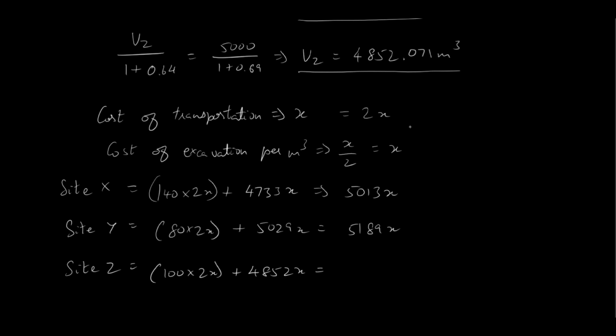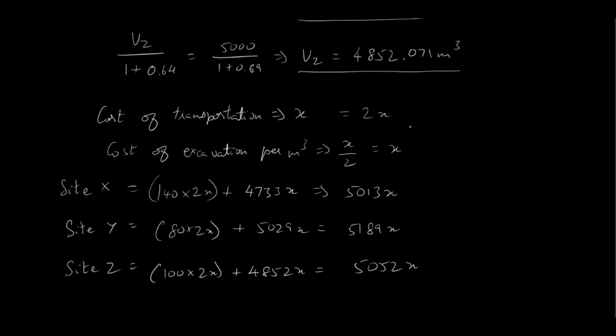Why am I neglecting points here? It is because the excavated volumes are having a major difference, so you will definitely not get a lot of difference in calculation. You can also include the points and calculate, whereas you can leave the points. It won't be any issue. 200 plus 4852, which is 5052x.